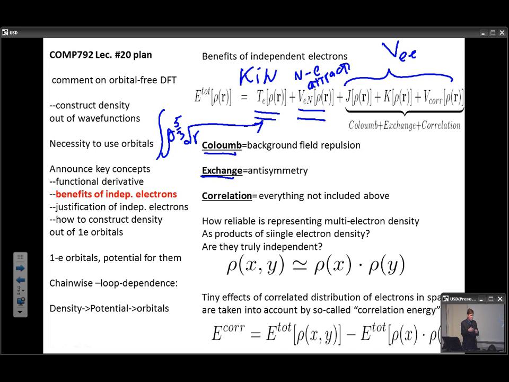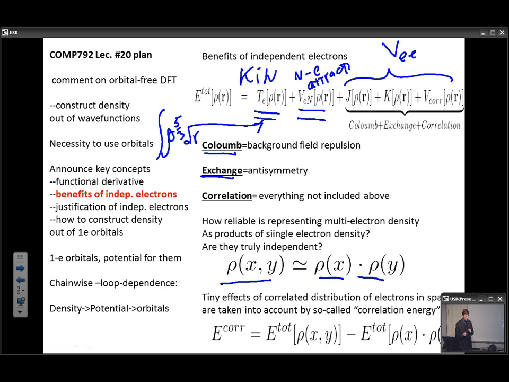Same as in the simplest approximation, the wave function can be viewed as a product of orbitals. And for densities, it is a good approximation, as long as one can believe that the multi-electron density is a product of single-electron densities. But as soon as this assumption is violated, one needs some additional correction term.